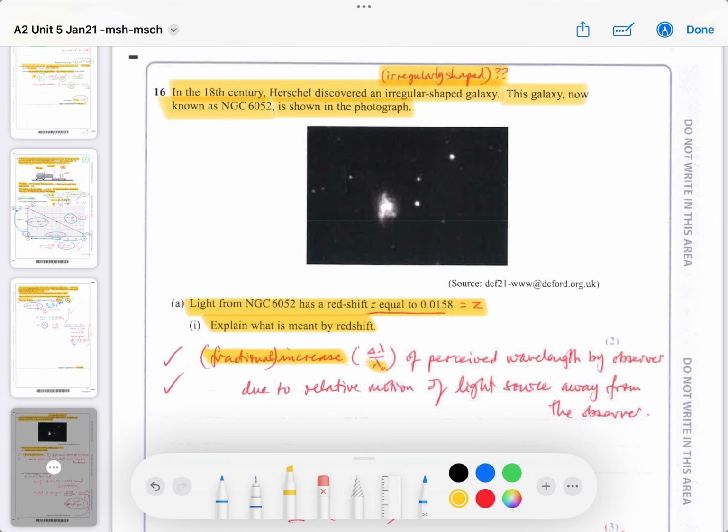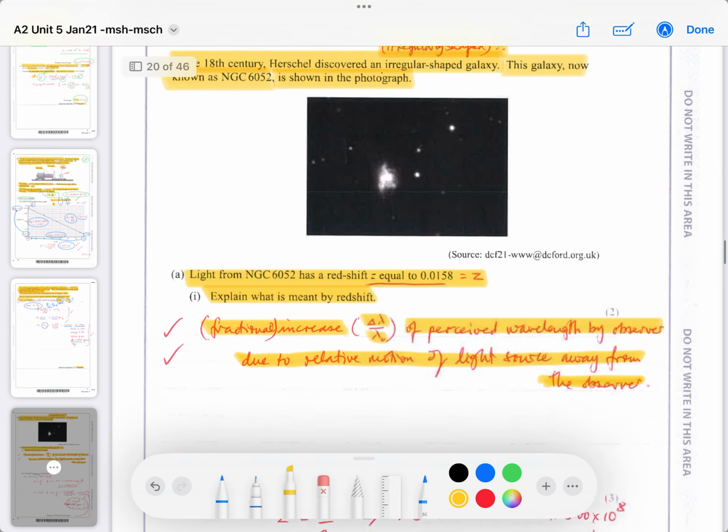There'll be a perceived wavelength difference by the observer, and that's due to the relative motion of the light source away from the observer. Redshift means that it's moving away. Those are the two marking points that you need to put in to explain what redshift is.